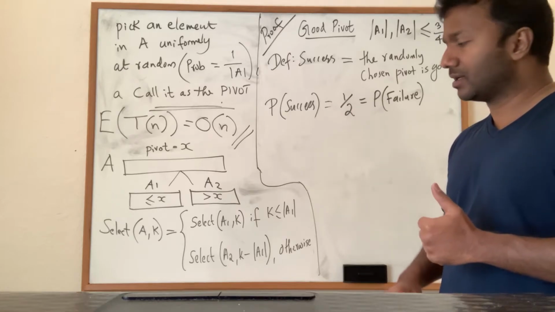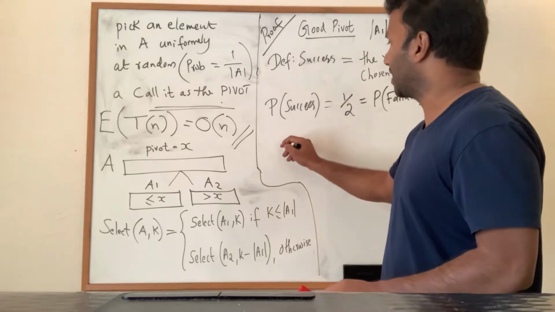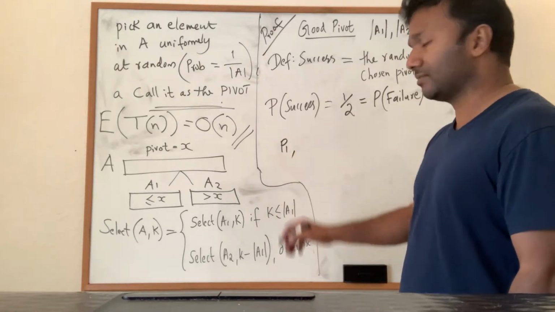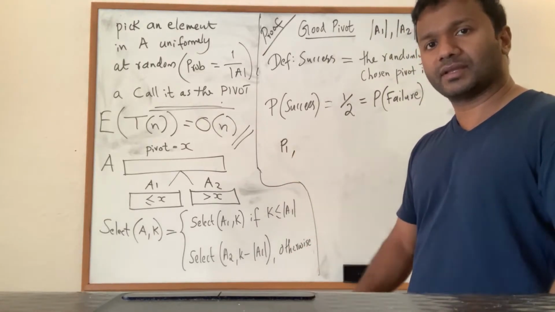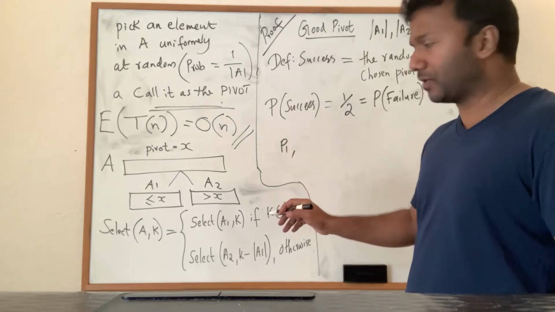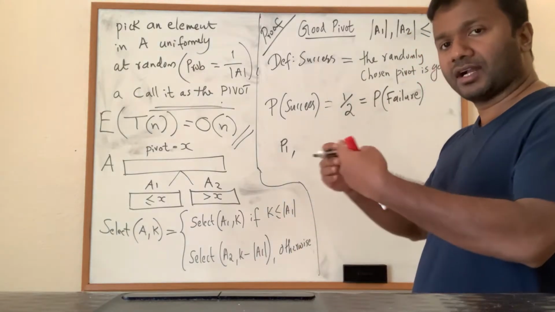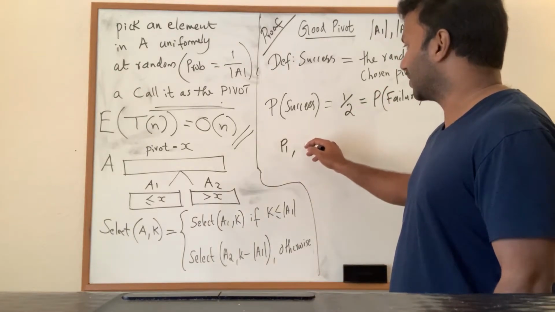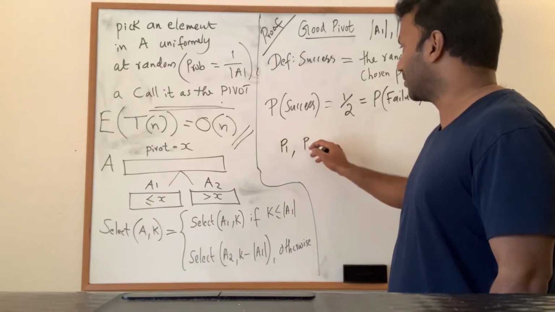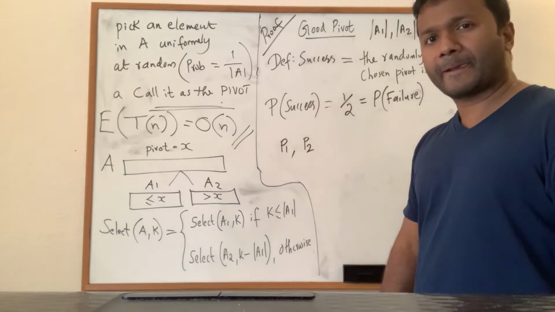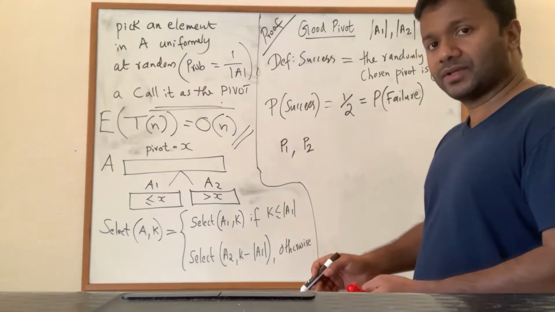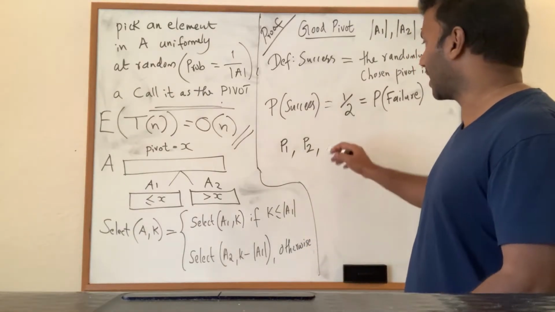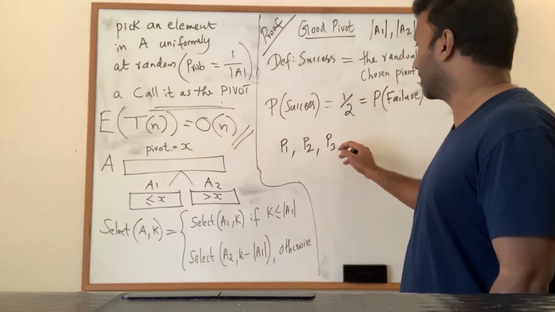If it is a good pivot, so first time I will pick a pivot, let's say P1. If it is a good pivot, then I'm done, okay? If it is not a good pivot, then I will discard the first pivot and pick another one, let's say P2. Okay, if it is good, I'm happy again. If it is not, I will discard and pick another one, let's say P3.